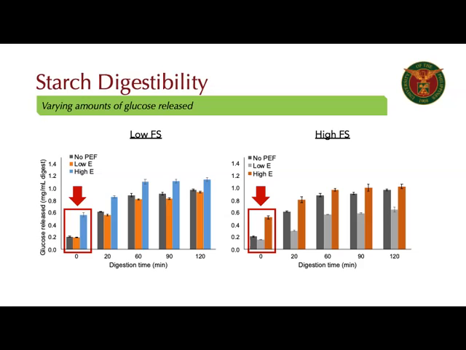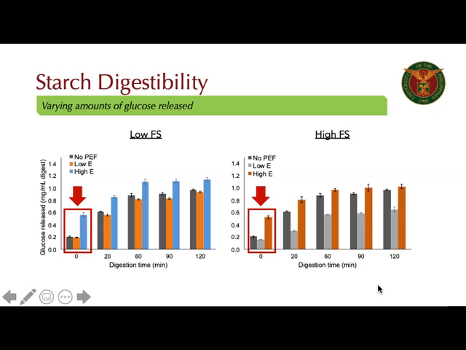So I have two bar graphs here. The one on the left is for samples that were PEF treated at low electric field strength. And the one on the right are for samples that were PEF treated at high electric field strength. So we have digestion time dito sa x-axis, and then we have the amount of glucose dito sa ating y-axis.